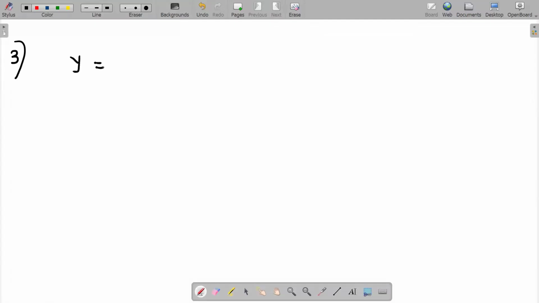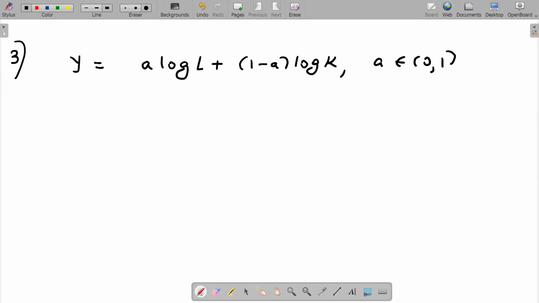we are given that y is equal to a times log L plus 1 minus a times log k. We are given that a lies between 0 and 1, and that a is not equal to 0.5. And we know that y denotes output, L denotes labor, and k denotes capital.